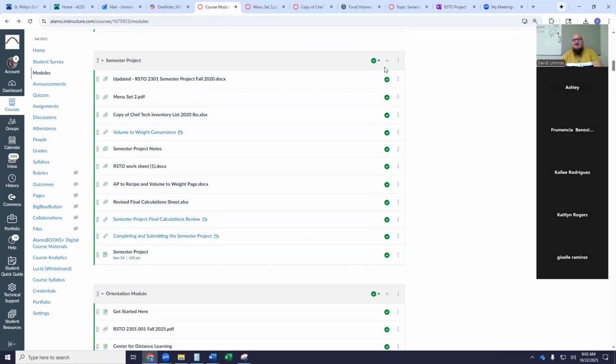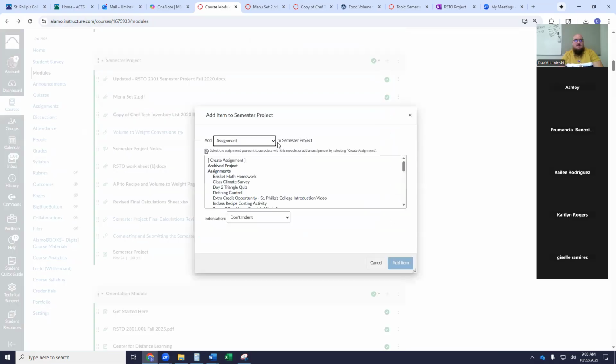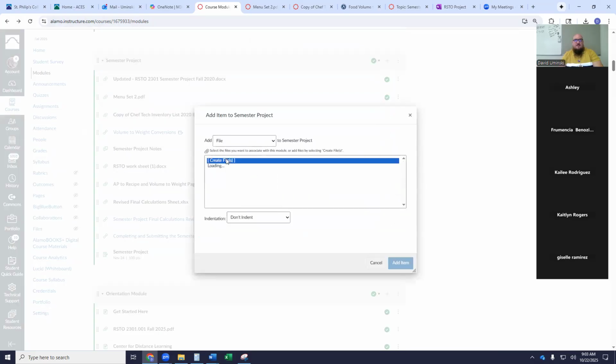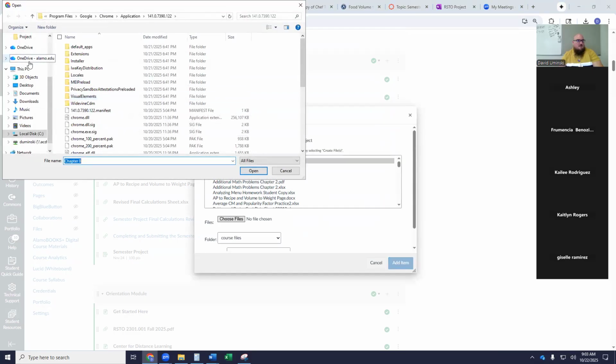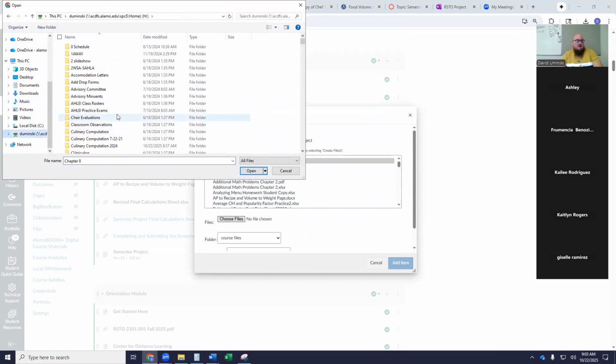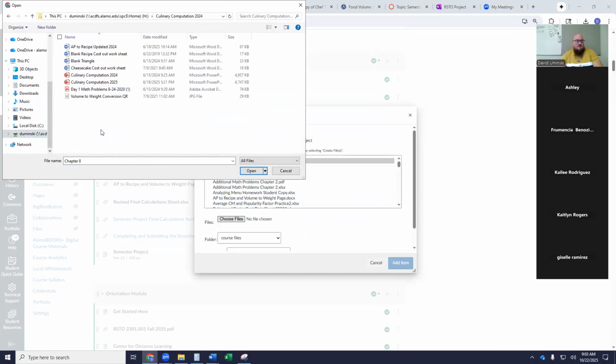And then let me add that file that we just went over. Here, Calling Computation for 2024.